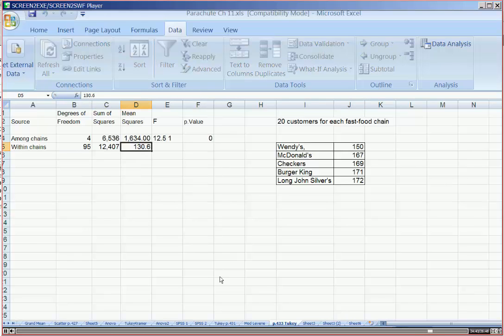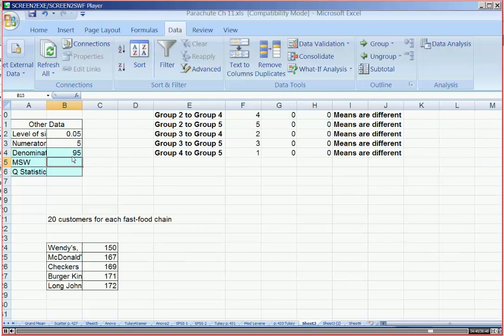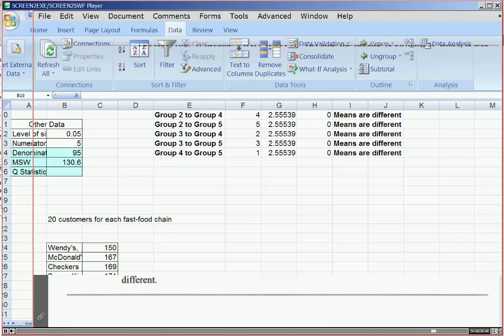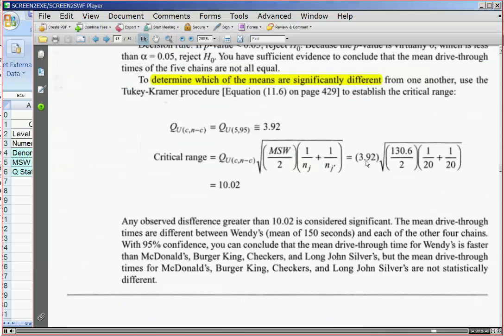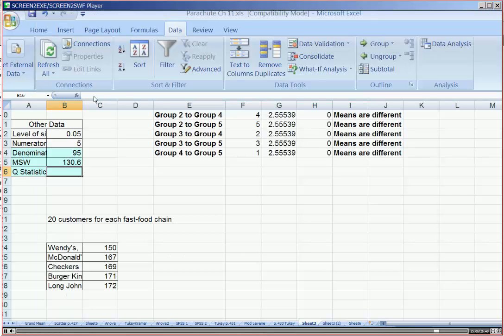Let's just copy it. And the Q statistic we just looked up on the internet turned out to be the same as what they used here. 3.92 was 3.197. We'll use 3.92.